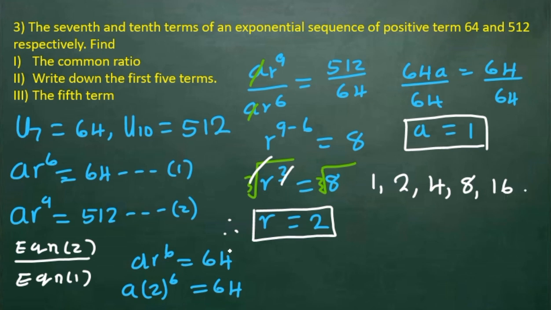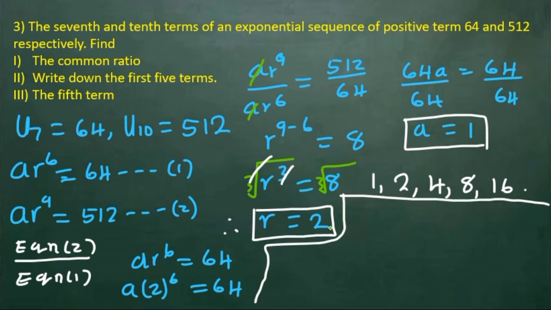All right, now let's take the last one, which is the third. We should find the fifth term. So we know that the nth term equals a r to the exponent of n minus 1.